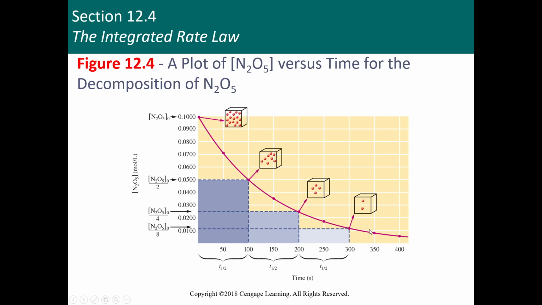And that will keep happening over and over and over, okay? You will see that each halving is a smaller and smaller number. You see that? Each halving is smaller and smaller. And this is because half your concentration is going down, right? And so half of it keeps going down.